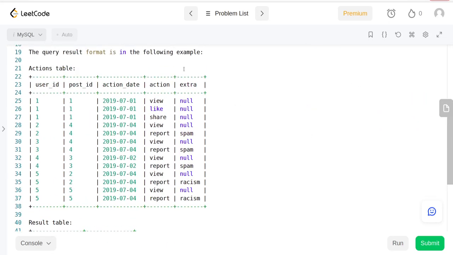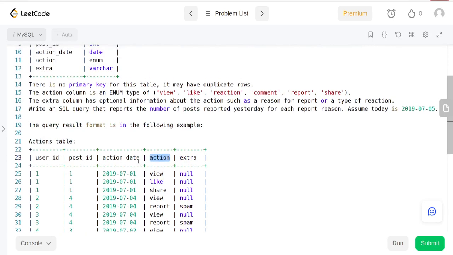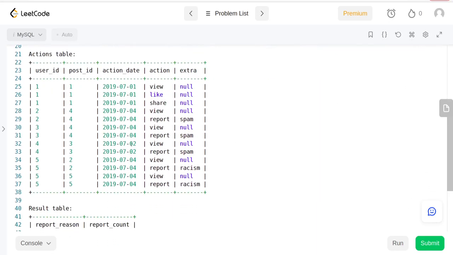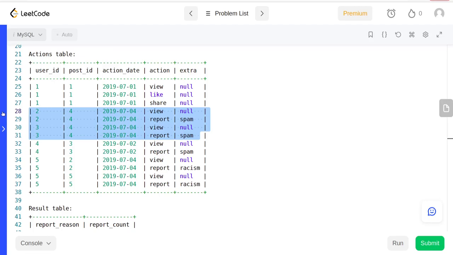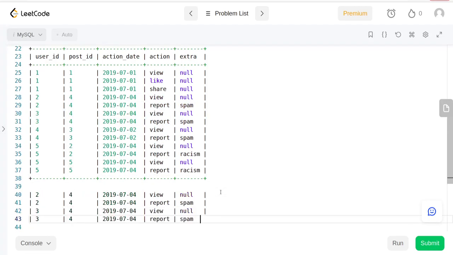So if these are the entries, these are the user IDs, these are the post IDs, these are the actions. First of all, if today is 0705, we only need to worry about 0704, so these ones over here.